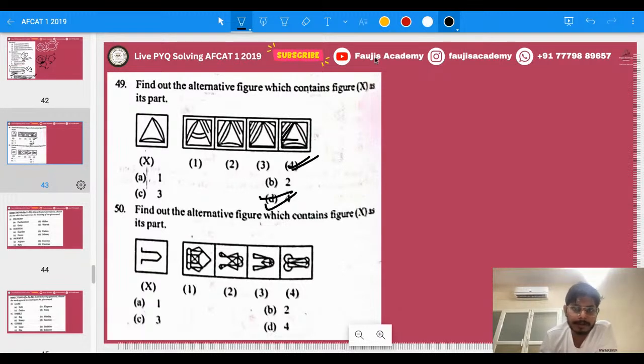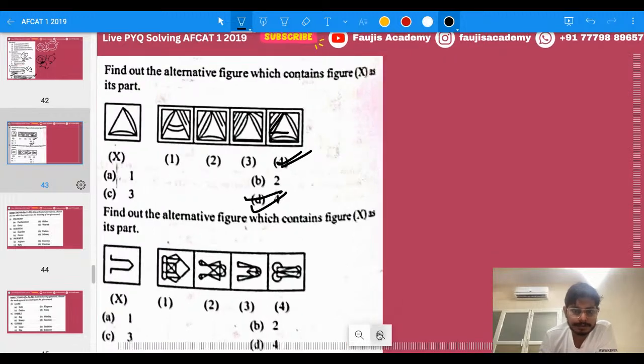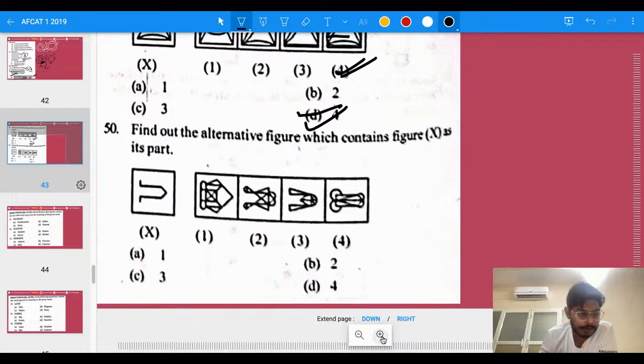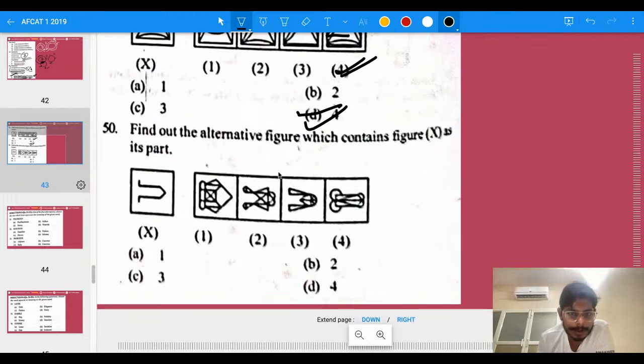Okay, this one. Now this is the question number 50. Okay, if you look at this particular option, we don't have these two flanks, so we are not going ahead with this. This is visibly not the correct answer.